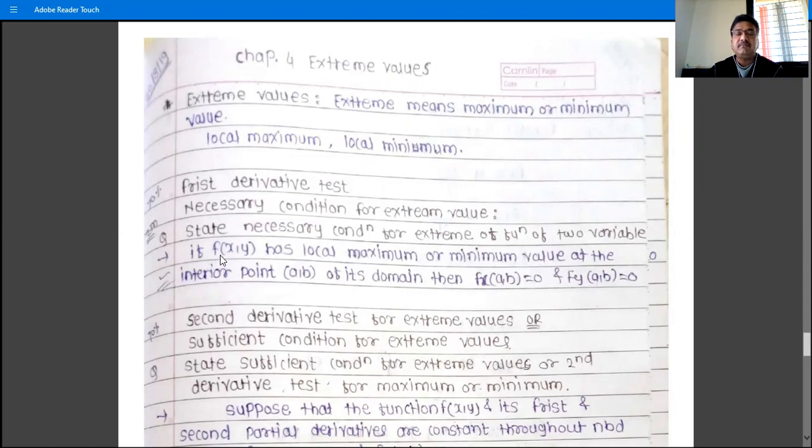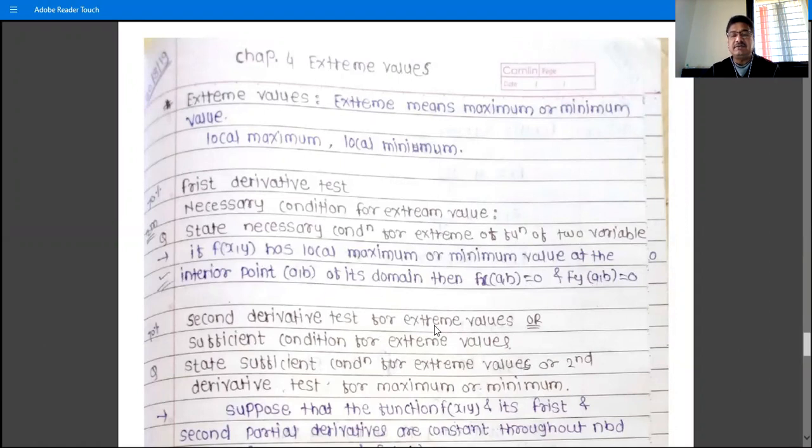That is, if the function is maximum or minimum at point (a,b), then its first order derivative with respect to x and y at that point is equal to 0. So this is the question for 2 marks: state the necessary condition, or state the first derivative test.